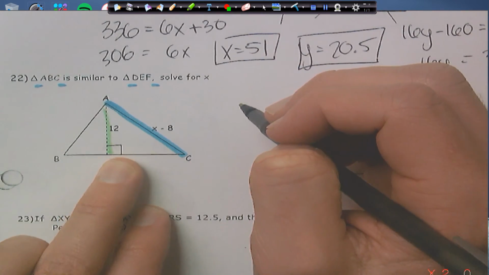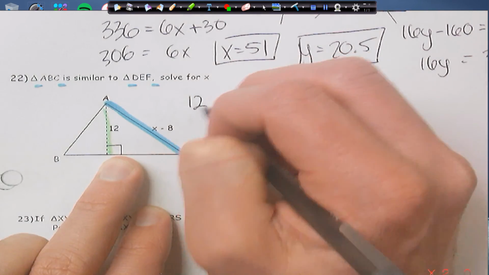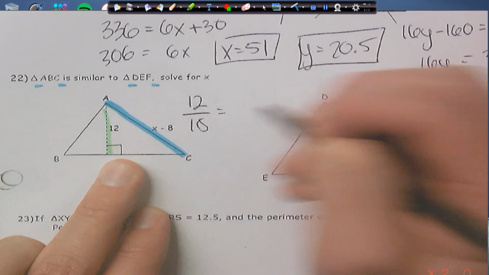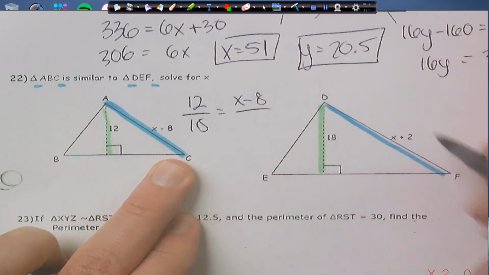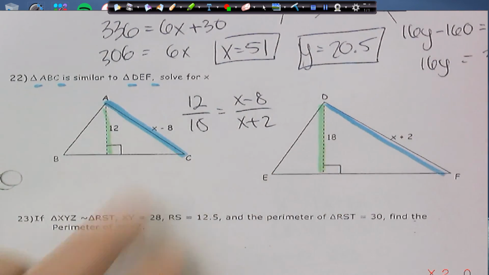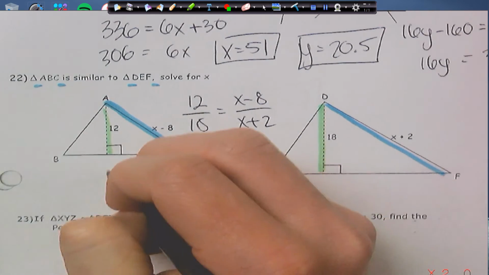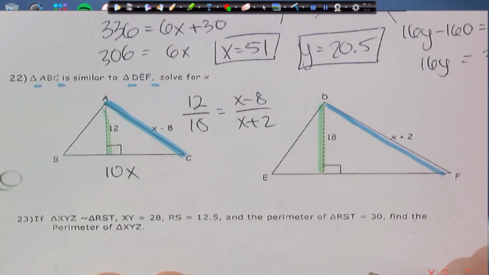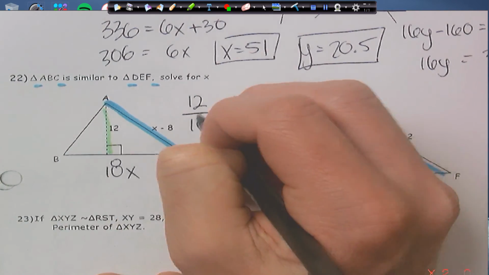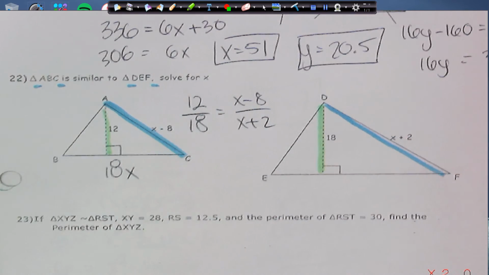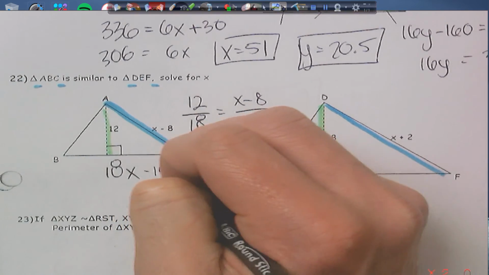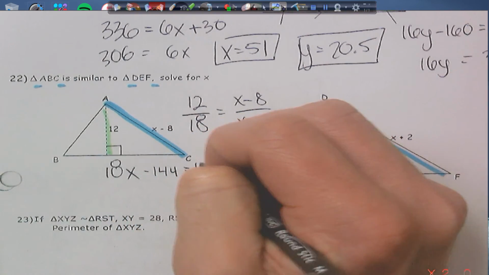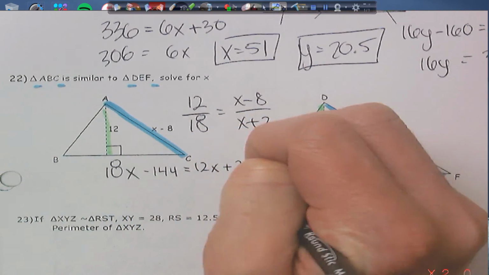I'm going to go from left to right, green 12 to right, and then x minus 8 blue to right. Okay, cross multiply, we get 18x. Sorry, that's 18x. That's what I get for writing bad. 18x, and 18 times 8 is 144, so that's minus 144, equals 12x plus 24.